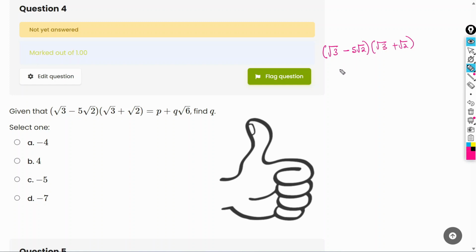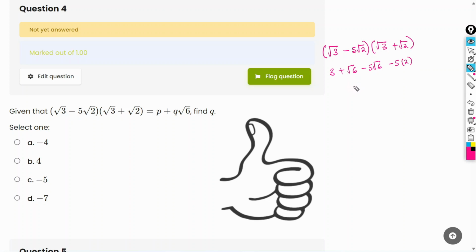So root 3 times root 3 would give us 3, and then root 3 times root 2 would give me plus root 6. So minus 5 root 2 times root 3 will give me minus 5 root 6, and then minus 5 root 2 times root 2 would give me minus 5 times 2, because root 2 times root 2 is 2.